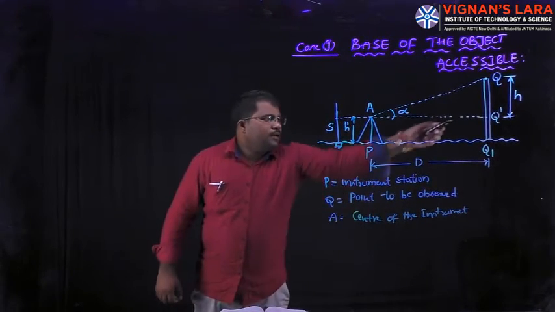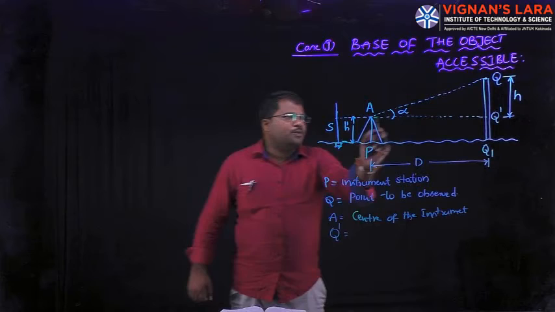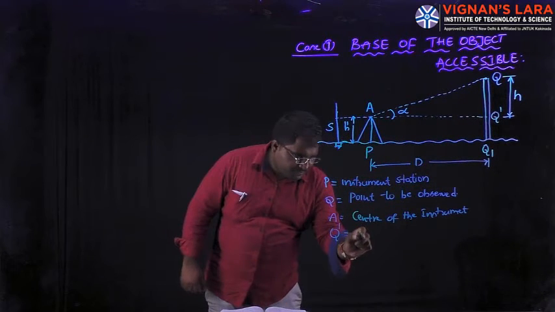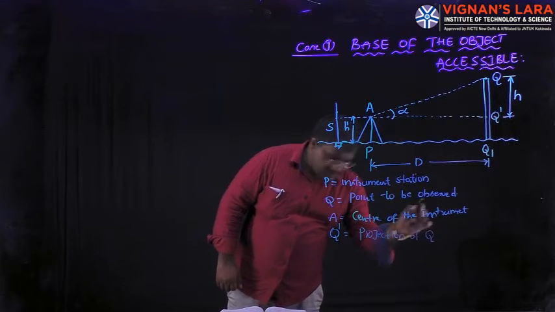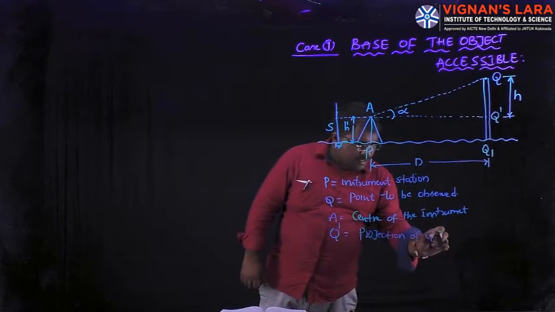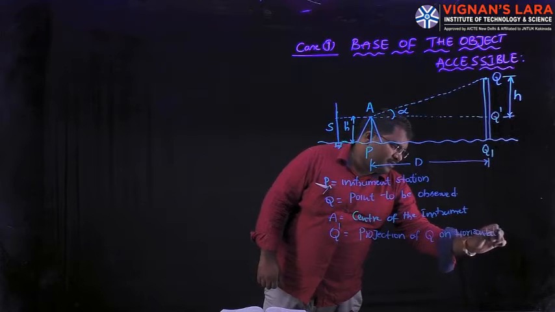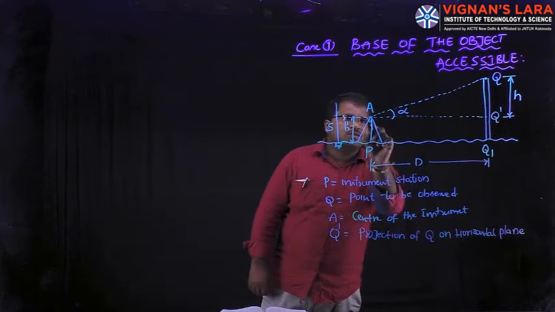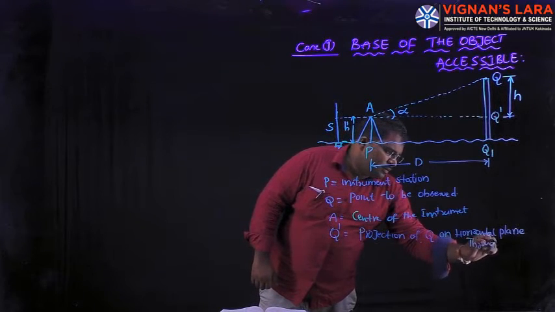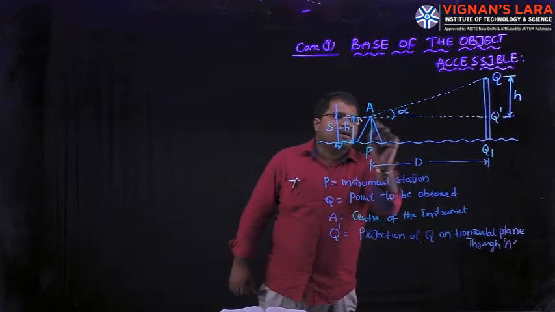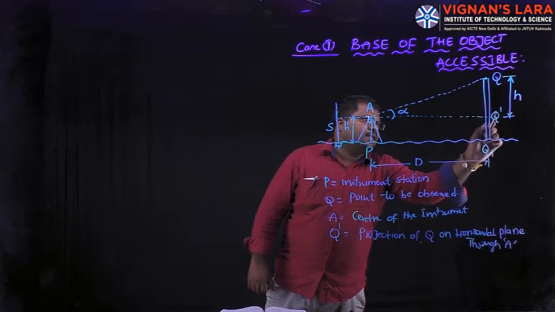Then Q dash. Q dash is the projection of Q on the horizontal plane through A, right?